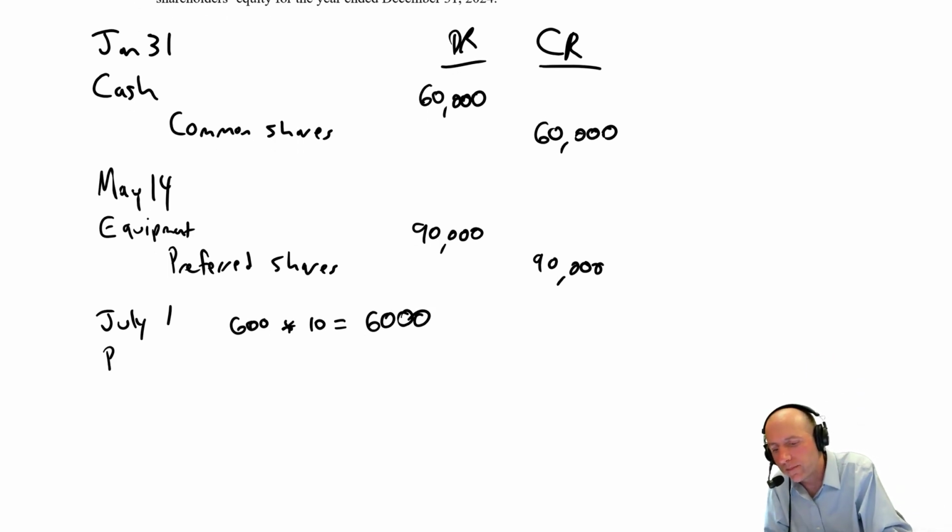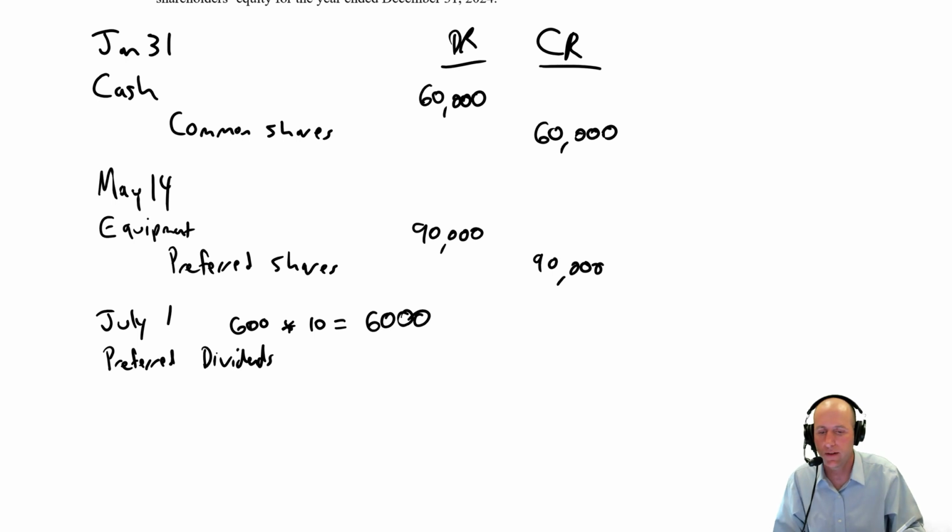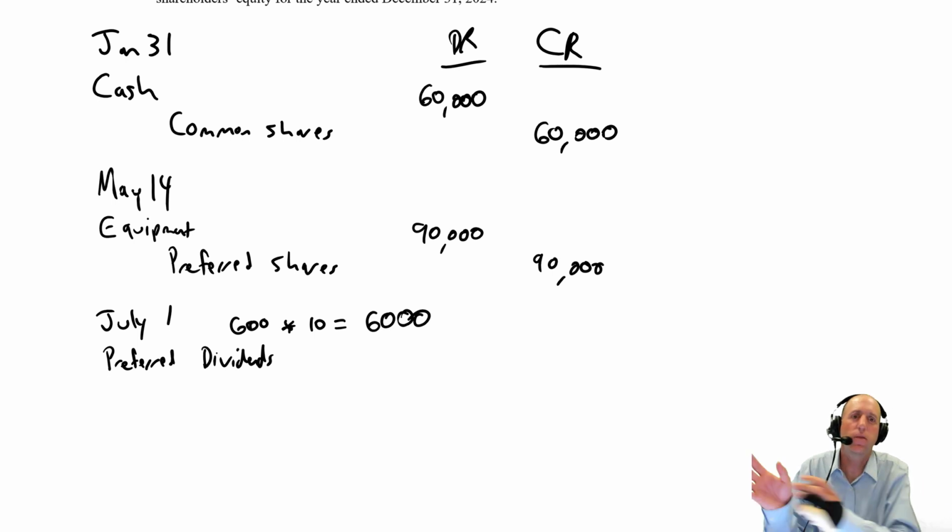I'm going to debit an account called preferred dividends. Now, there are many different accounts one might call this. Commonly, we might call it just dividends. I think it's good to distinguish, but on financial statements, it's likely going to get lumped in with dividends. You do see people debit retained earnings here as well. Going back to chapter 3, dividends get shifted into retained earnings.